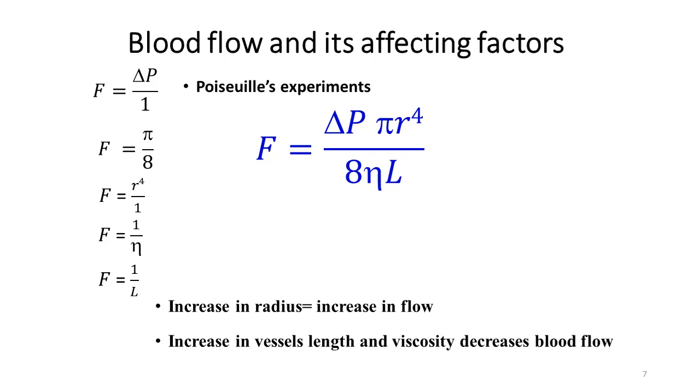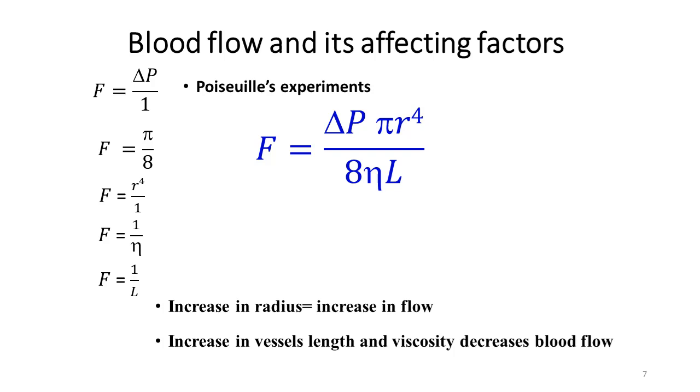This is not a good idea, so we want to change other factors instead of pressure to increase the blood flow. For example, we can change the viscosity. How can we change viscosity? We can donate blood to decrease the viscosity and increase the flow.